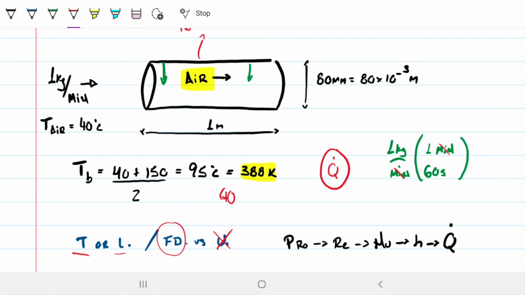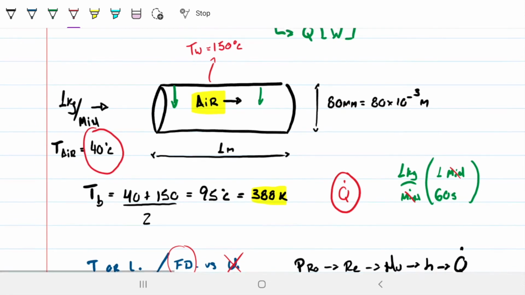The problem with 40 is that I think that's where your error is increased by a bigger margin, because you know that the air is going to be receiving energy from the wall from the get-go. So when it leaves, even if it doesn't get much energy, its temperature is going to be greater than 40. Right? So if you say your bulk temperature is 40, what you're telling me is that it's leaving at 40.5 or something. And you're probably going to be pushing it if you do that.